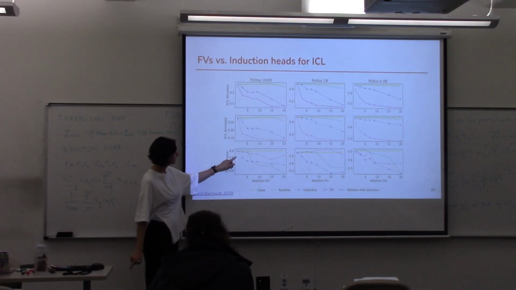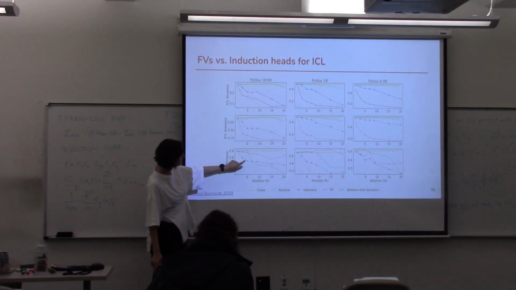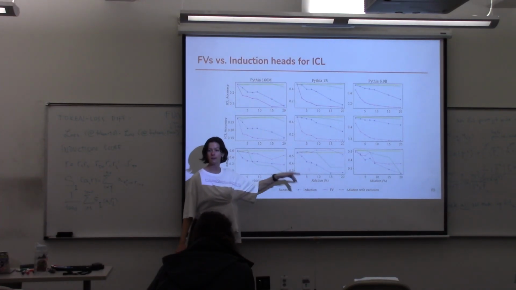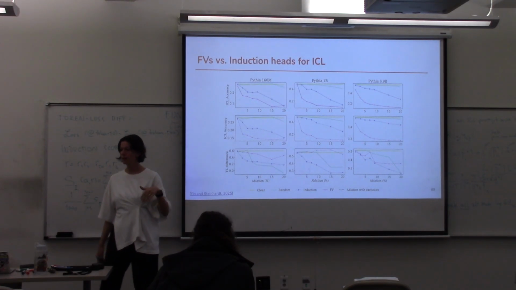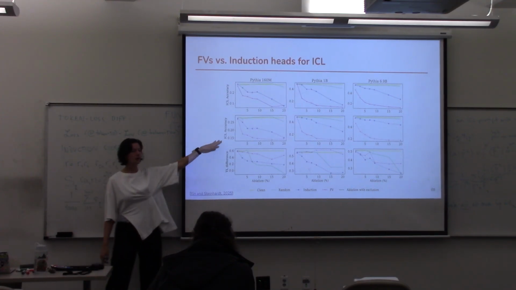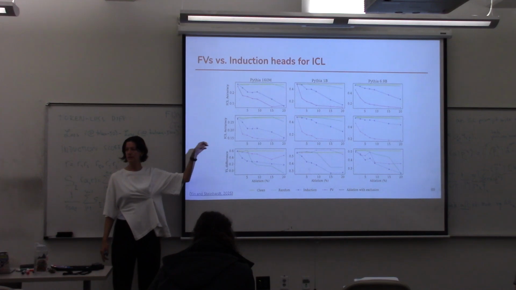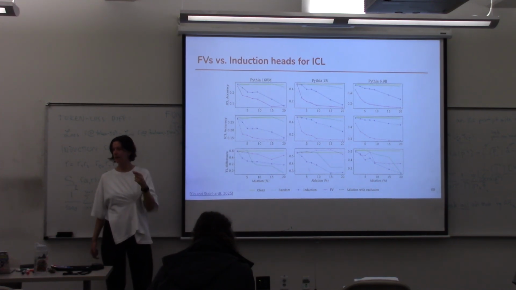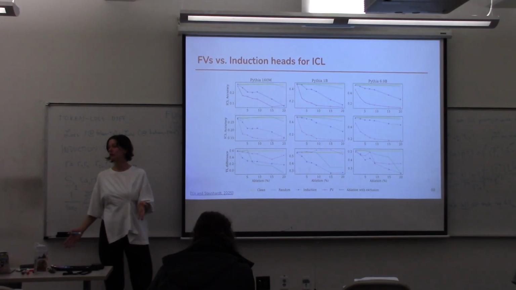Here we see that induction actually has a bigger drop. And looking at these results, what would you conclude? That induction heads are the heads responsible for in-context learning. But the fact is, in-context learning accuracy is the metric, right? Because it is the exact metric measuring in-context learning.